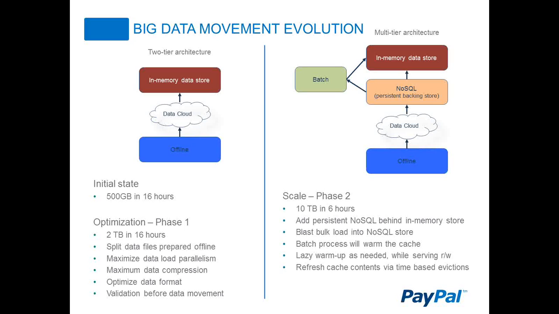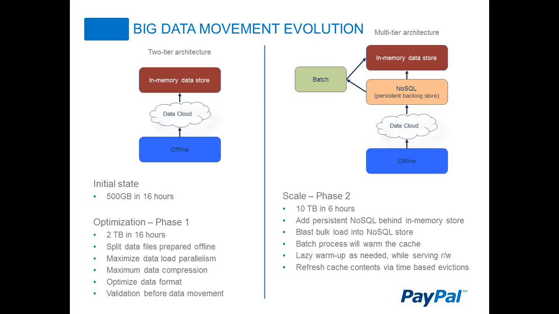Then we did optimization. The key in the optimization was, how do I minimize the number of bits that are moving across the network? So you can minimize the bits by compressing your data, selecting the right data format, making sure the data format is not too verbose, even doing validations before moving the data. Am I moving the right data?